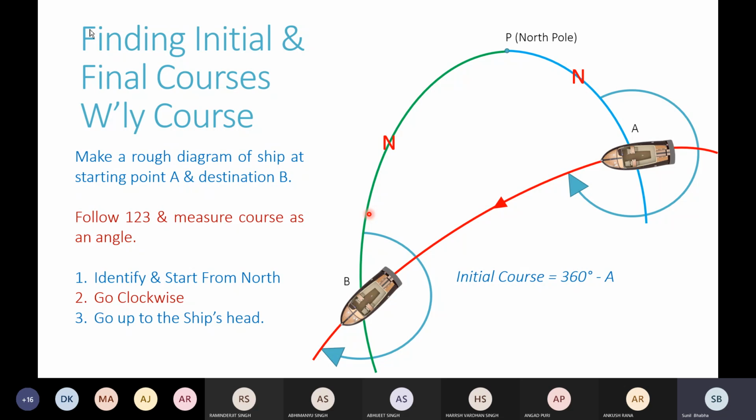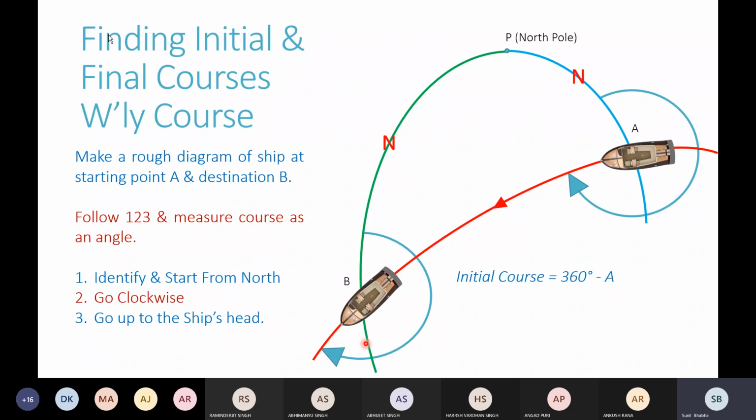Understand that just like straight lines, when two great circles intersect on the surface of a sphere, the opposite angles are the same. So if this internal angle B, which was found using the cosine formula, is known to us, we know that its opposite angle, that is this one, will also be of exactly the same value.